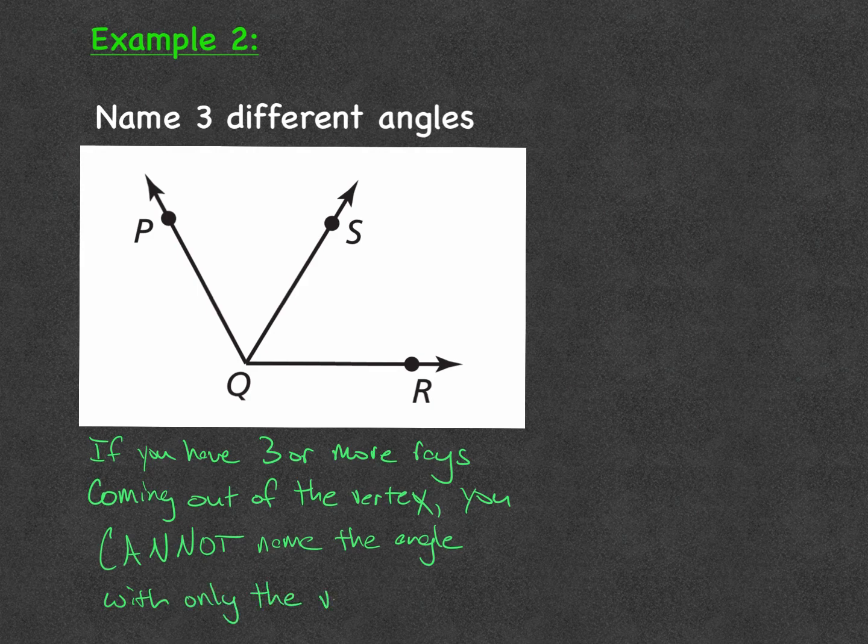That's a lot of writing. We normally don't write that much in geometry. So if you have 3 or more rays coming out of the vertex, you cannot name the angle with only the vertex.